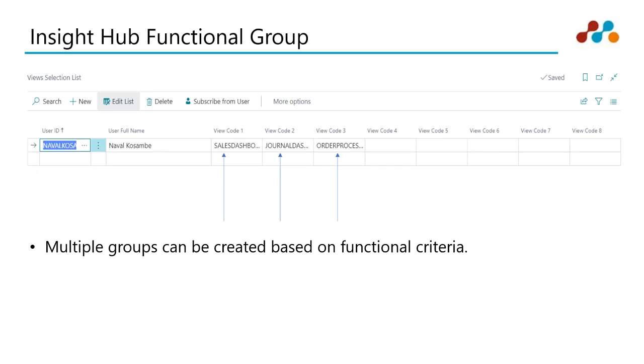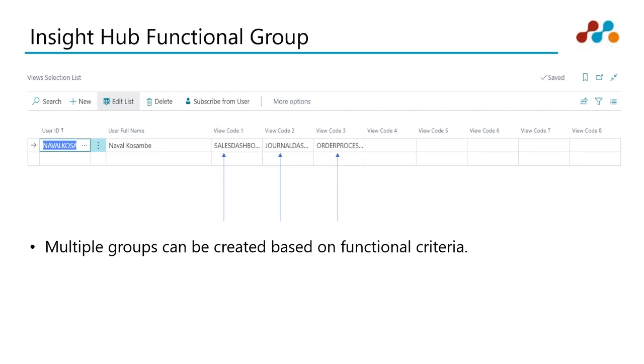Now on the screen, you'll see this view selection list. This list outlines what views a particular user is going to see, or can be configured to see. On the slide, you'll find that the user ID, which is my user ID, is configured to view the sales dashboard, the journal dashboard, and the order processing dashboard.